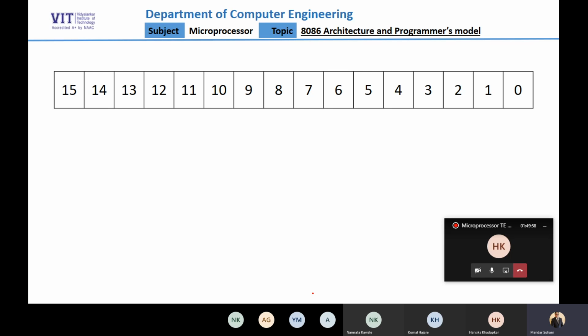So it is a 16-bit register, out of which a few bits are not defined. That means they are not used as flag bits. I have already crossed them, like bit 1, bit 3, bit 5, bit 12, 13, 14, 15. They are not used as flag bits, whereas the bits I kept with numbers are used as flag bits in the 8086 processor.